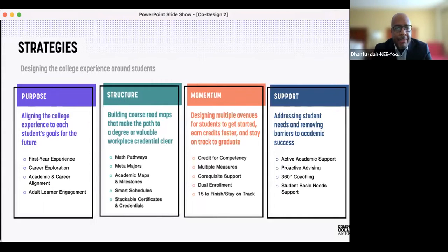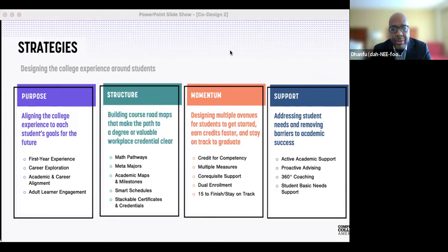Sure, I'd be happy to. And this is not an exhaustive list of all the things that we're working on at our campuses to make sure that students are successful and ultimately graduate. For many of you, one of the reasons why you were chosen is because you are more often than not in a Complete College America Alliance state and have already started working on, or at least have a strong commitment to advancing, many of these student success strategies.